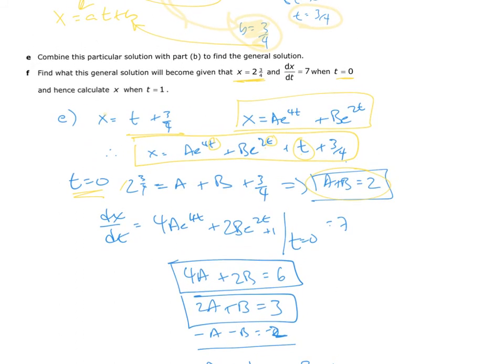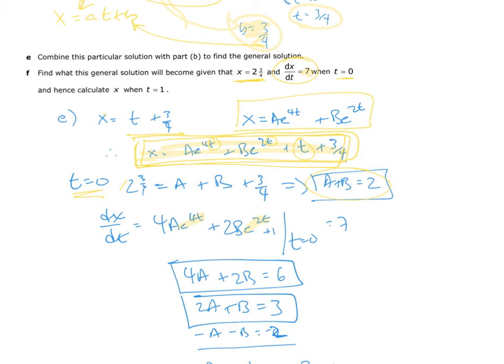I know that the derivative is 7. So if I take the derivative of this, I end up with this, with a plus 1. I missed that the first time. Plug in the 0, I'm told it equals 7. And so when t is 0, these go away, of course.